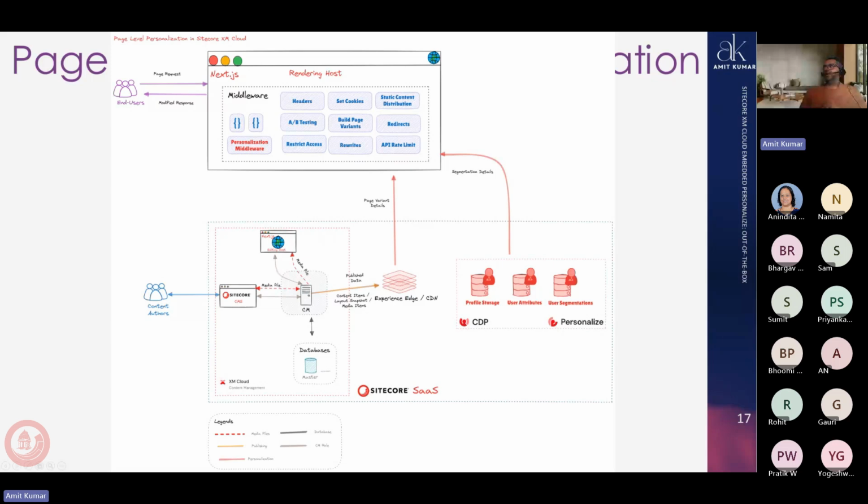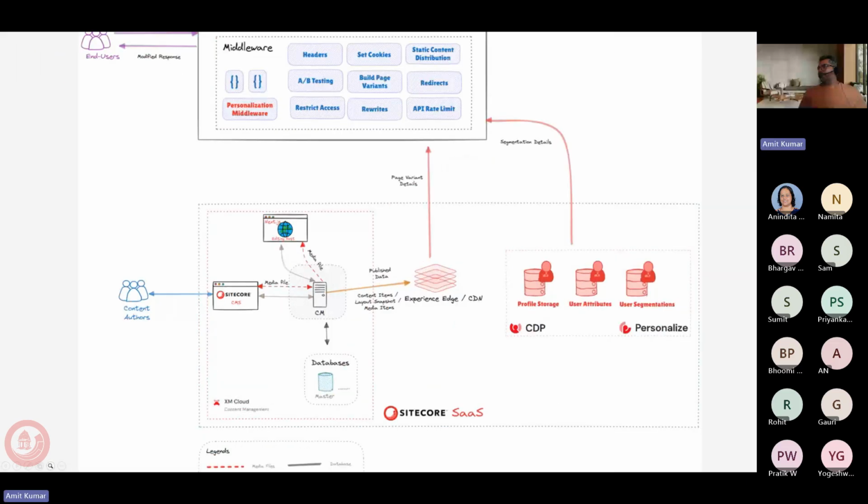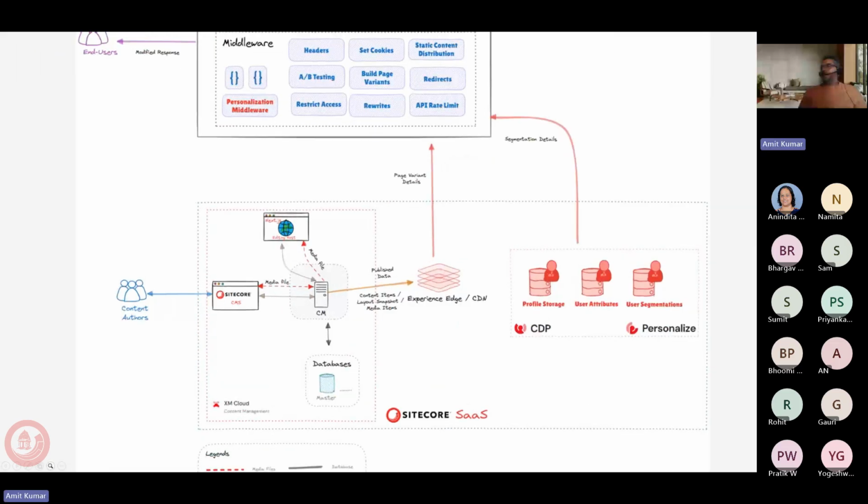In terms of XM Cloud, you are seeing a SaaS, right? So I have a content management system, which I was explaining. This is a CMS, where the content author will be logging in and doing the content authoring. At the end, there will be a database where your data is being stored.